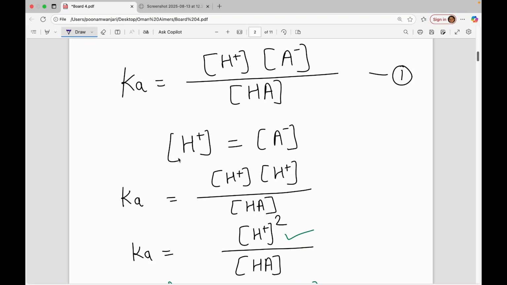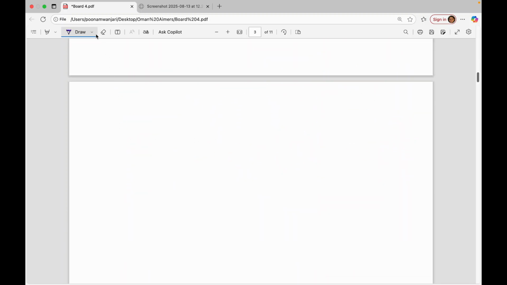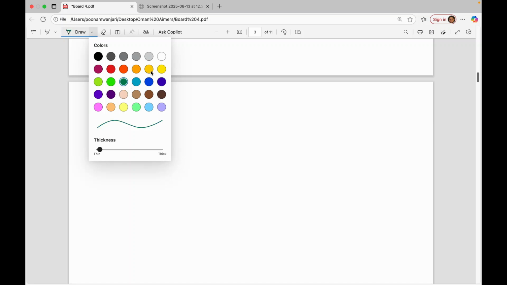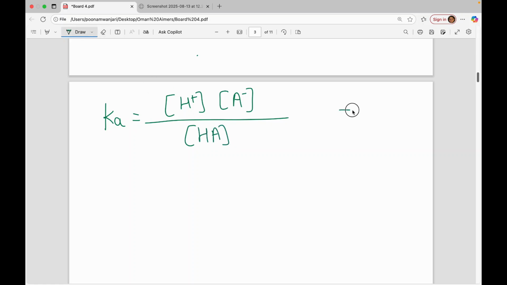So what are the key formulas? One more time I will write here. As this is weak acid, we are finding its dissociation constant Ka is equal to concentration of H plus into concentration of A minus divided by concentration of an acid. This is your number 1 equation.